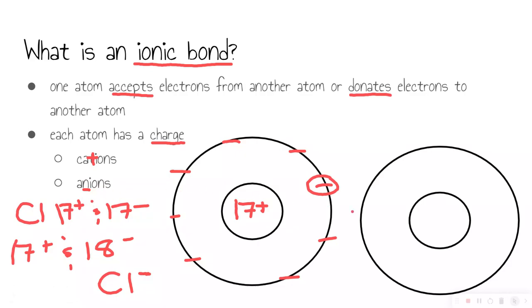Okay, now let's look at sodium. Sodium, if it is a neutral atom, is going to have 11 protons, because it has an atomic number of 11, and it's going to have 11 electrons. These 11 protons are going to be found in the nucleus. And sodium is in the 1st column of the 3rd row, so it's going to have 3 shells, and it's going to have 1 electron in its outermost shell, in its 3rd shell.